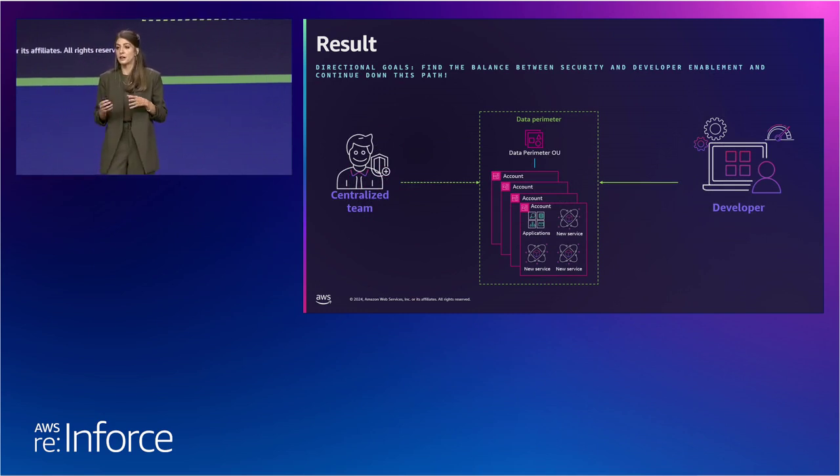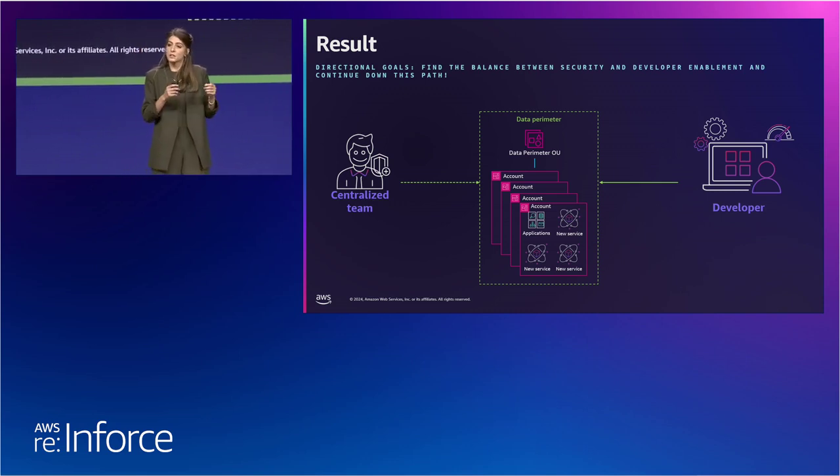We have seen a ton of value within the data perimeter concepts and believe it strikes a good balance between security and developer freedom. And because of the confidence we have in the data perimeter, we as a central IAM team feel comfortable handing some of the reins over, only some of them though.